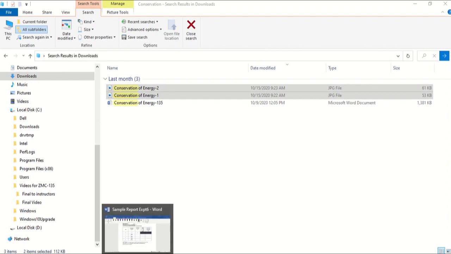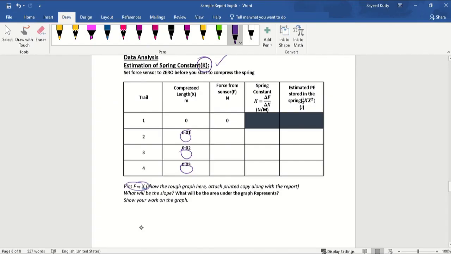Okay, now I have the first point. All of you look, the first trial, let me use a different color. The first trial, the displacement is 0, so the force sensor reads 0, so we are not going to calculate this, just put blank.